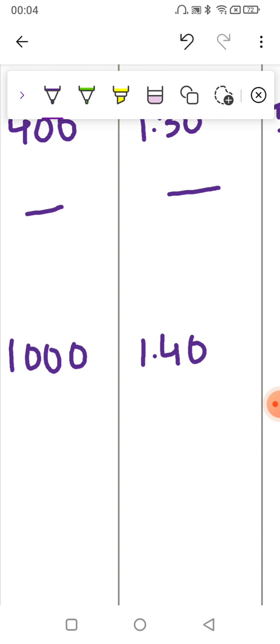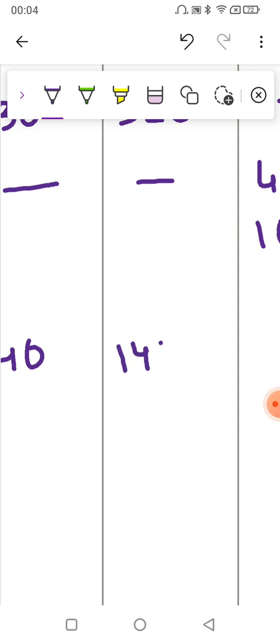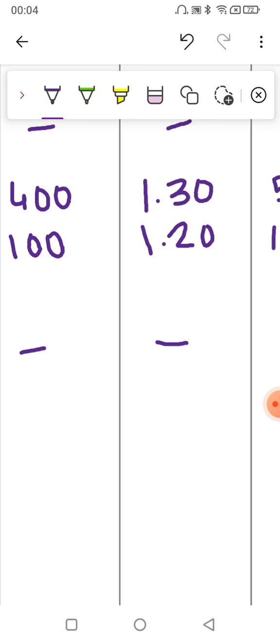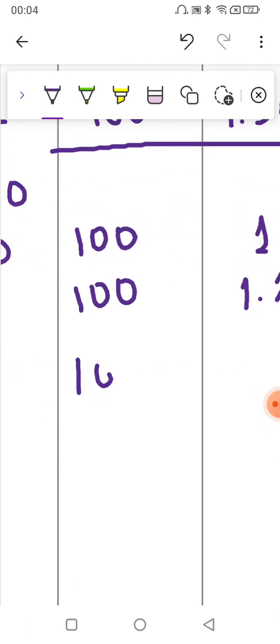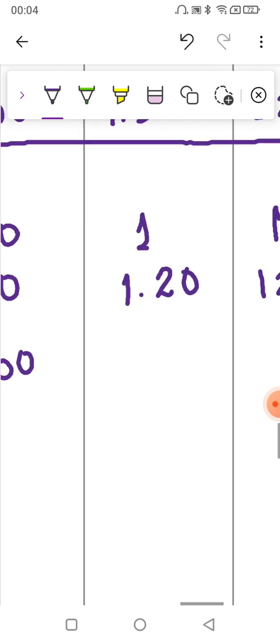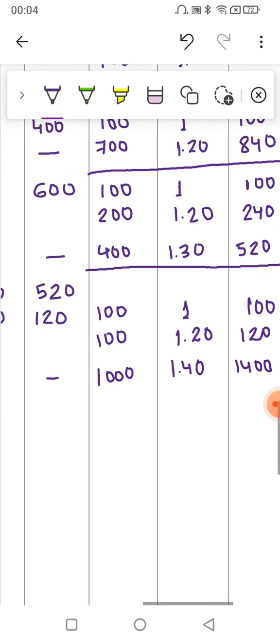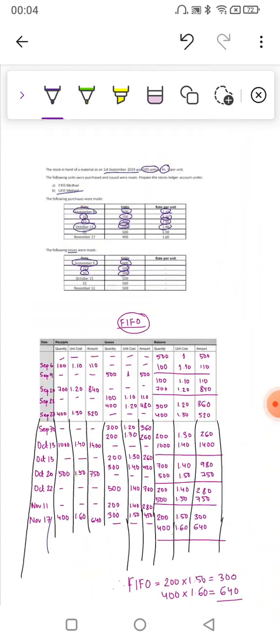If we multiply 1000 with 1.40, we get 1400, which we are going to record over here. There were no issues on that date, so nothing will be recorded here. And this 1000 at 1.40 will be recorded here, amount being 1400. So this is what is left with us.